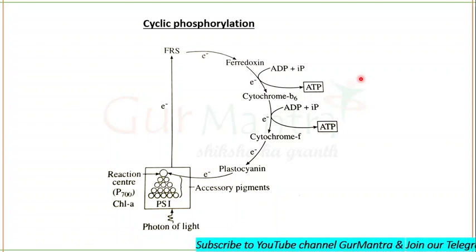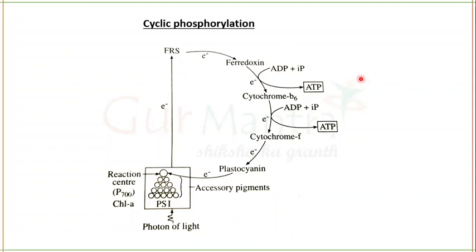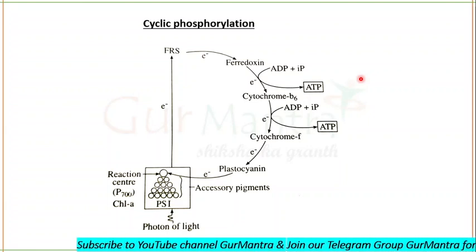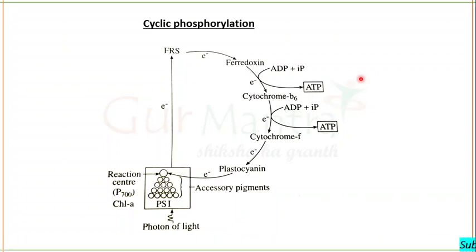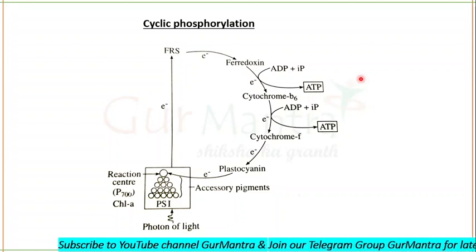More energy is produced during non-cyclic phosphorylation, and less energy is formed during cyclic phosphorylation. Still, you read in many books that cyclic phosphorylation is more efficient, more productive as compared to non-cyclic phosphorylation. Why is it so?